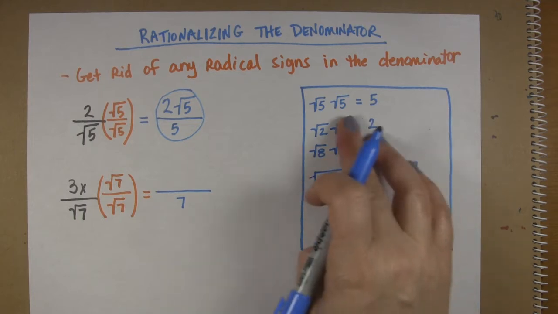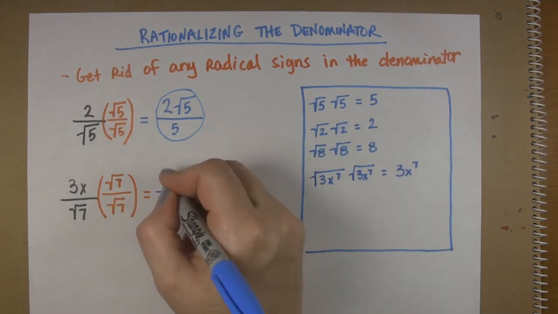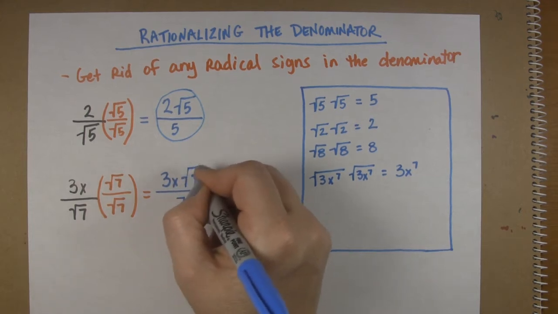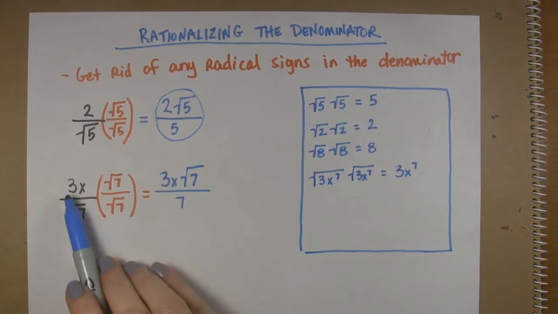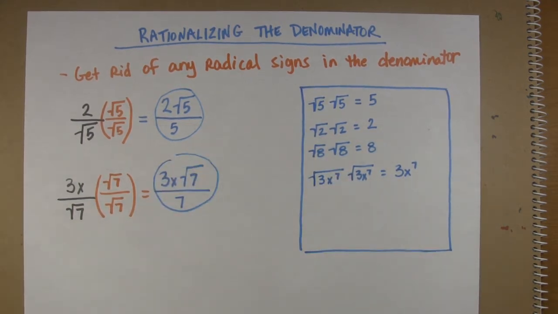That's just like what we practiced over here. And up here on top, I'm going to get 3x times root 7. There you go. We are now done rationalizing that denominator. That's pretty easy, right? Okay, it doesn't get too much harder than that.